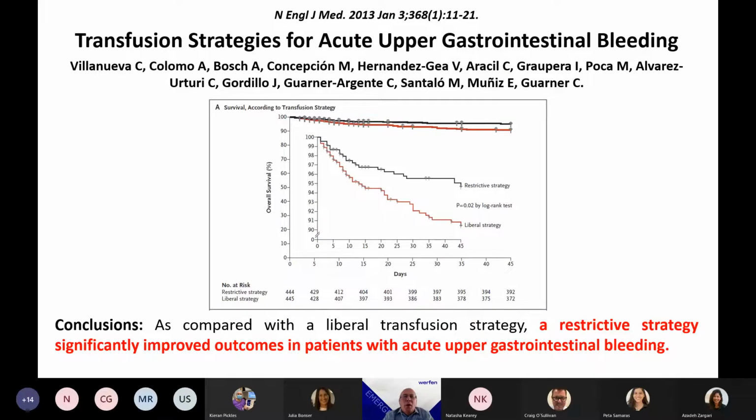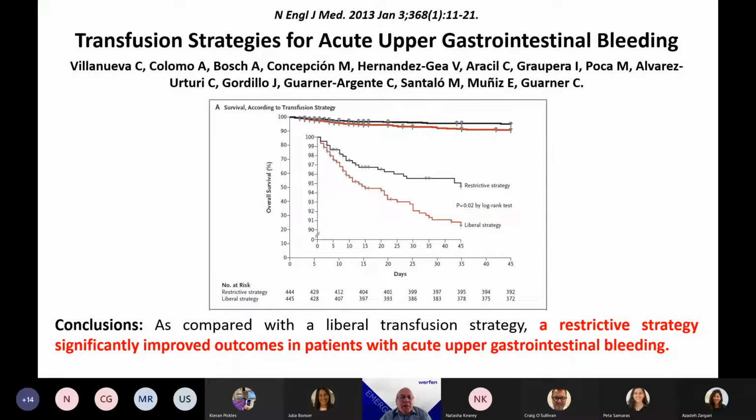So what about liberal and restrictive transfusion in patients with chronic liver disease, or as in this study published nearly 10 years ago in the New England Journal of Medicine, in patients with acute upper GI bleeding? And they very often have a chronic liver disease. What we see is that patients with restrictive transfusion in this clinical setting definitely have an increased survival.